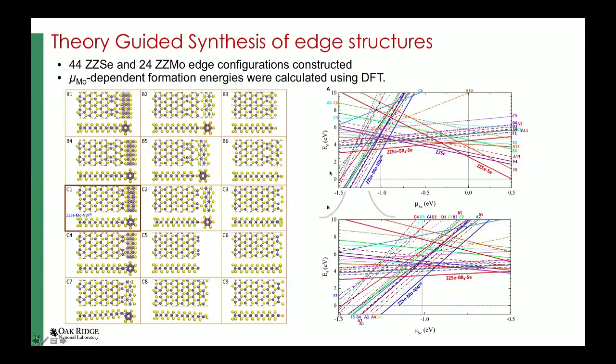If we then calculate the enthalpy of formation of these edge structures as a function of the selenium chemical potential, the lines on this diagram basically show which edge structure is more thermodynamically favorable to form. So, for example, if we're changing the chemical potential of selenium, going more negative from negative 0.5 down to negative 0.1, this effectively creates a molybdenum-rich environment. So in that case, the enthalpy of formation, for example, for transforming from a zigzag selenium terminated to a moly-rich terminated configuration is highly favorable.